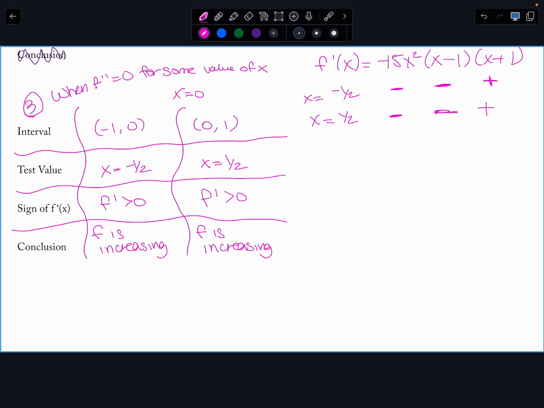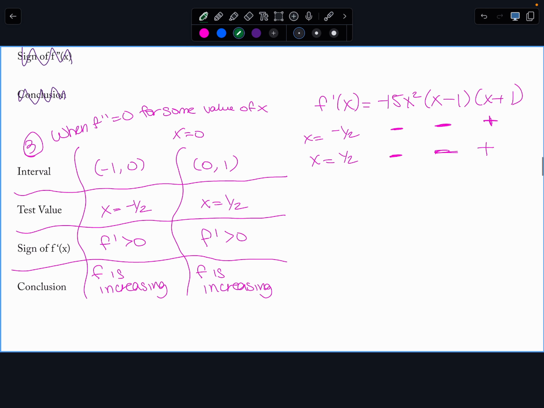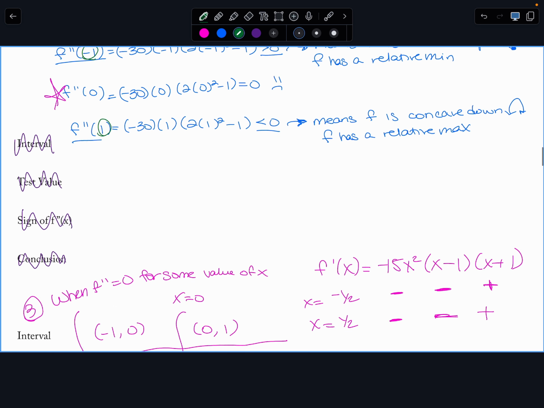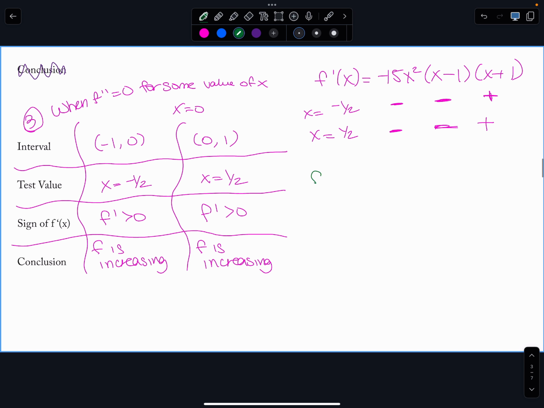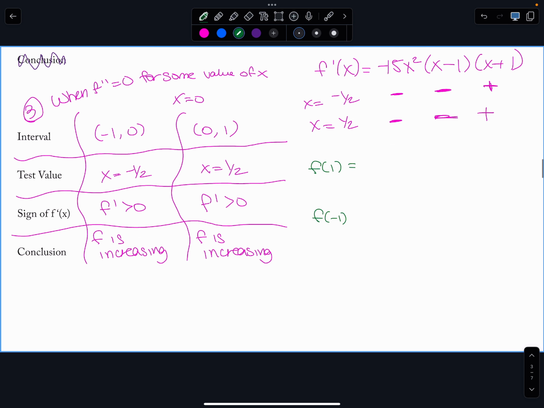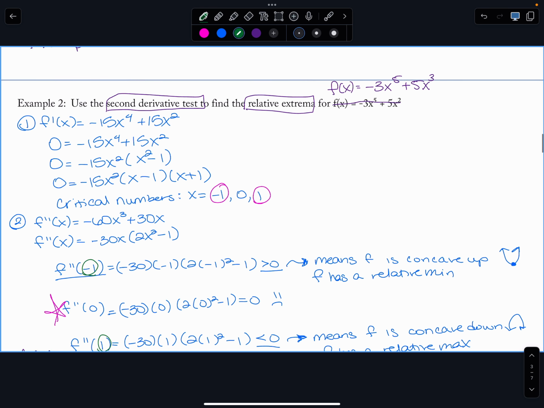So my conclusion would have to now find f of negative 1 and 1. So that's what? Negative 3x to the 5th and then it was 5x cubed.